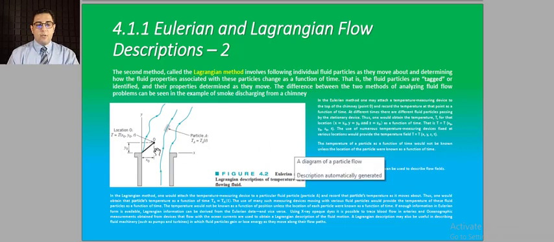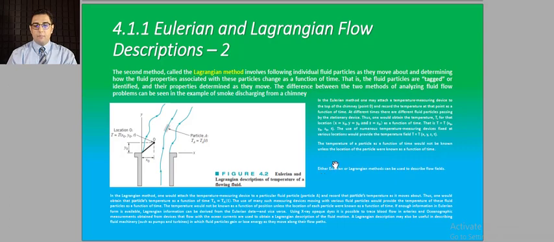If we use the Eulerian method, we can't identify every parameter as a function of time, unless we know the location of that particle as a function of time.